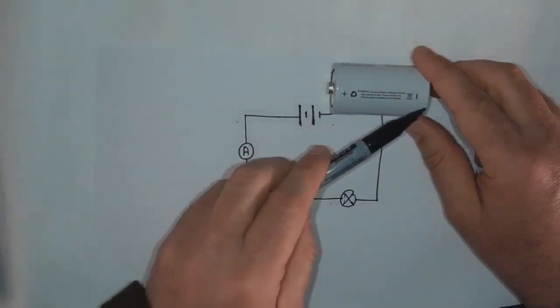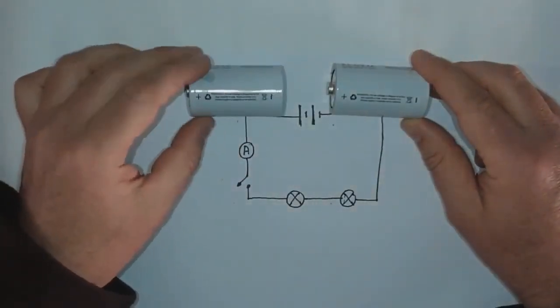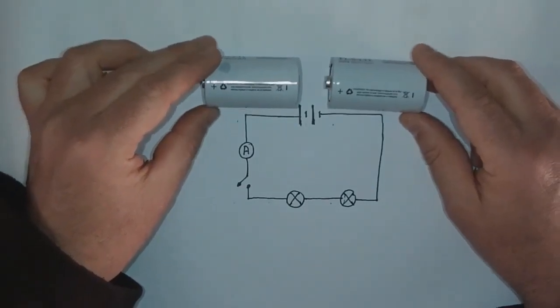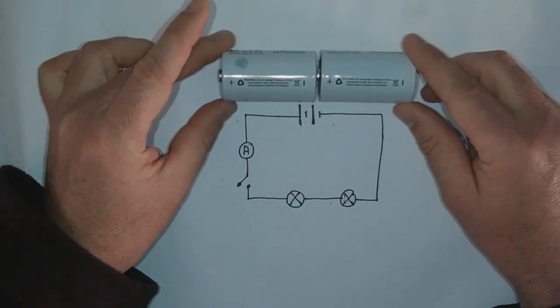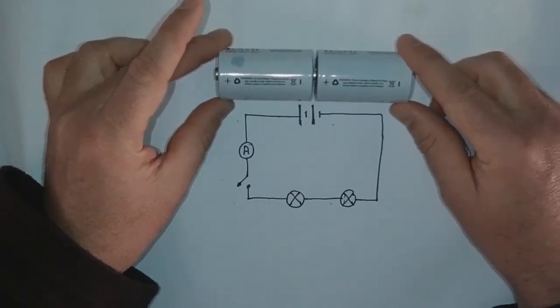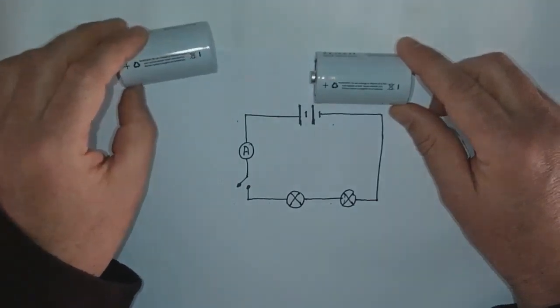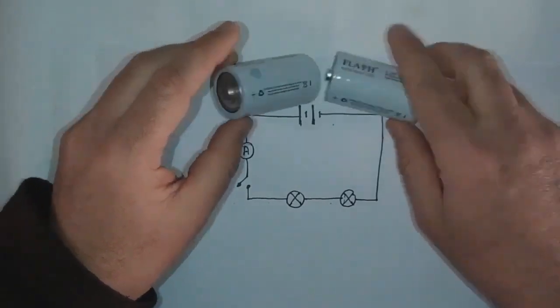There's a positive, there's a negative. Here's another cell, a positive and a negative. There you can see when we join the two and make them work together in series, then we call this a battery. So a single one is a cell, and when they work together, we talk about a battery.